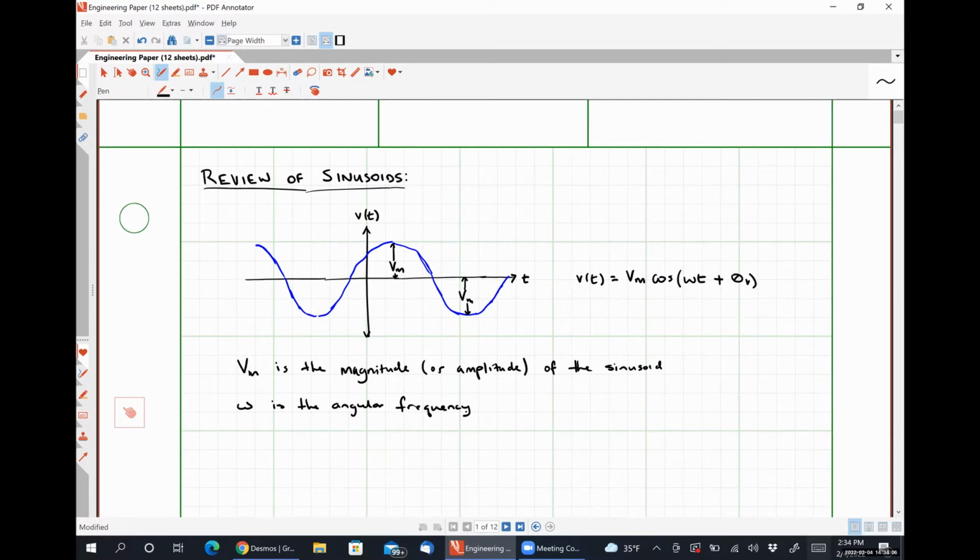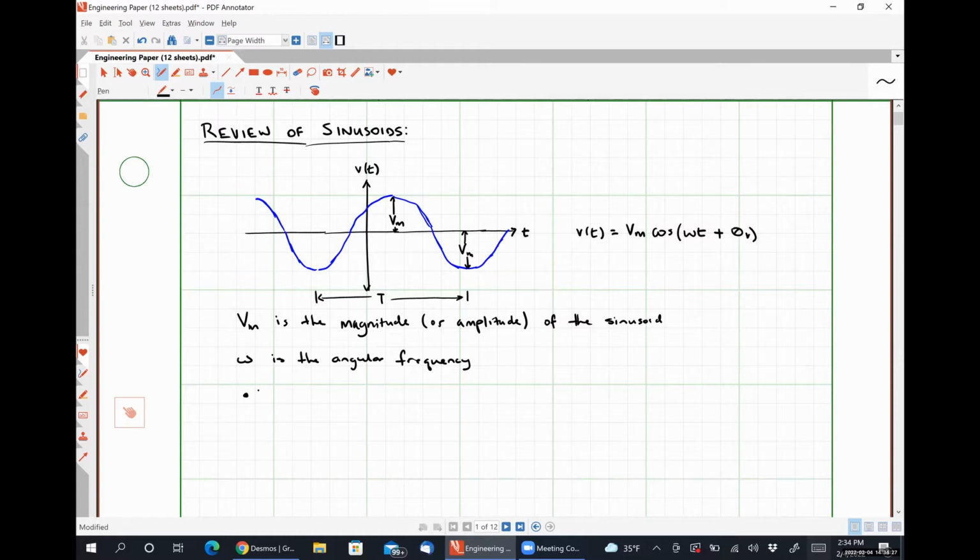Let's say that this length from the negative peak to the next negative peak is the period of our sinusoid given by capital T, where the period is simply the amount of time it takes to go through one cycle of this periodic signal.